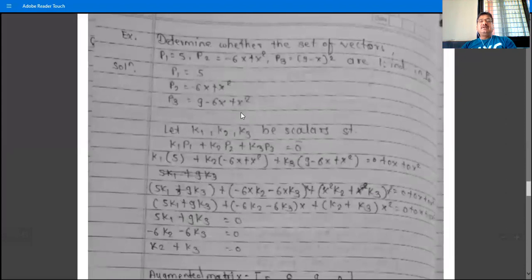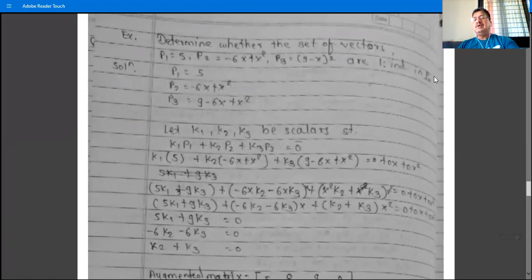Next example, determine whether the set of vectors p1 is equal to 5, p2 is minus 6 plus 4x square, 6x plus x square, p3 is 3 minus x bracket square, are linearly independent in P2.